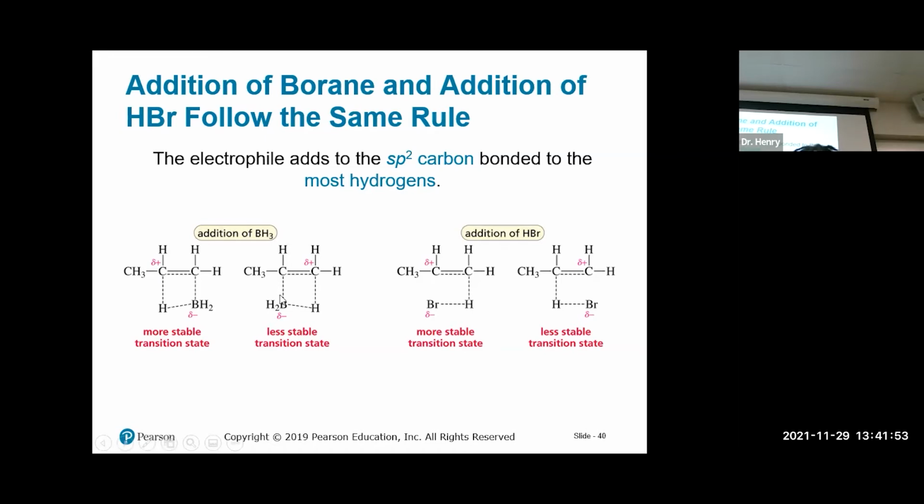I mean the boron being on the, hydrogen being closest to the methyl group, compared to the boron being closer to the methyl group.